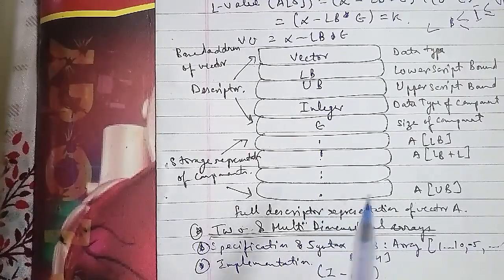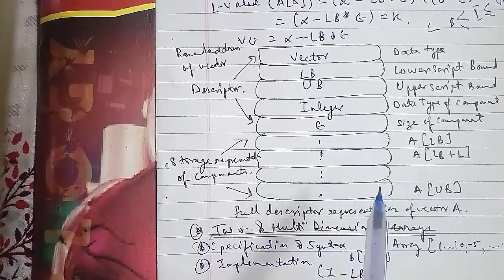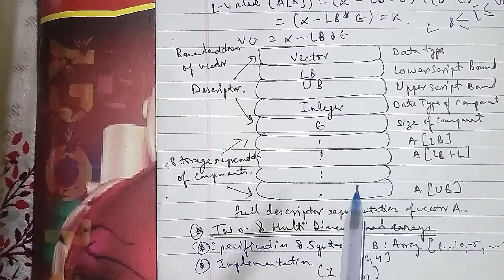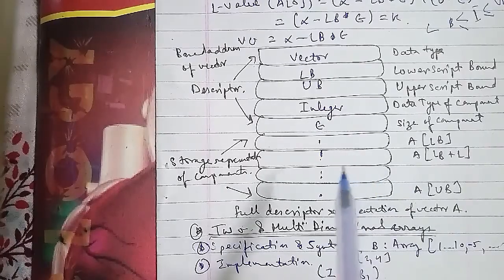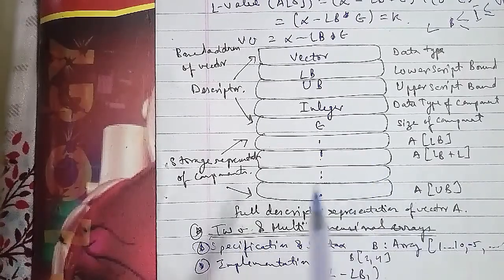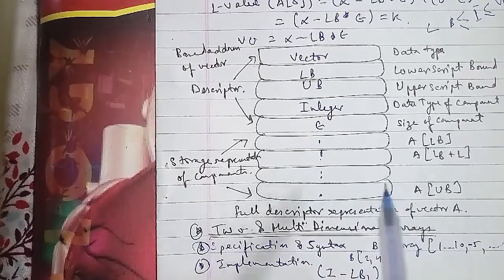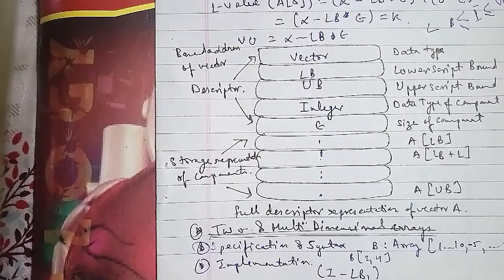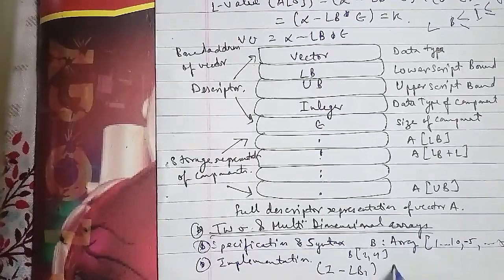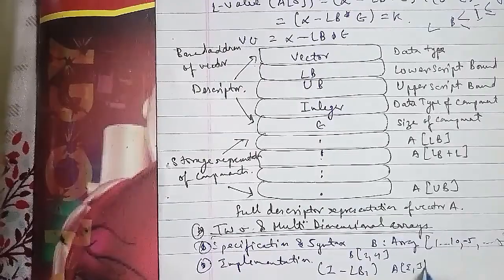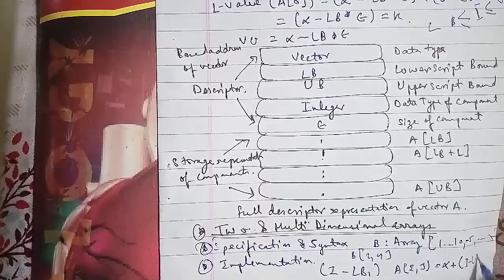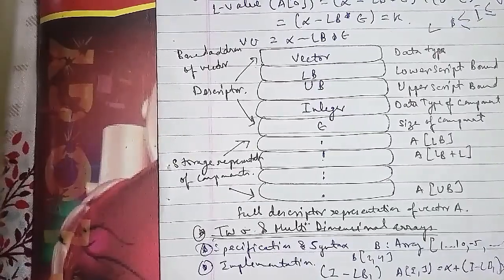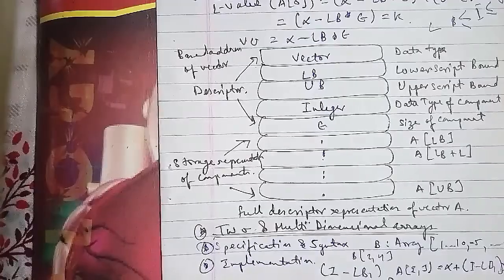And thus if A is a matrix with m rows and n columns, and A is stored in row major order, the location of the element I comma J is given in the form of alpha plus I minus LB1 multiply S, and then plus J minus LB2 multiply E.